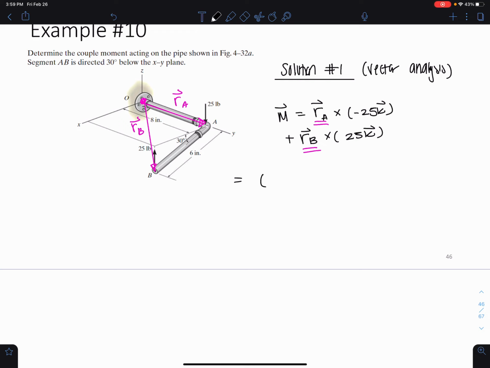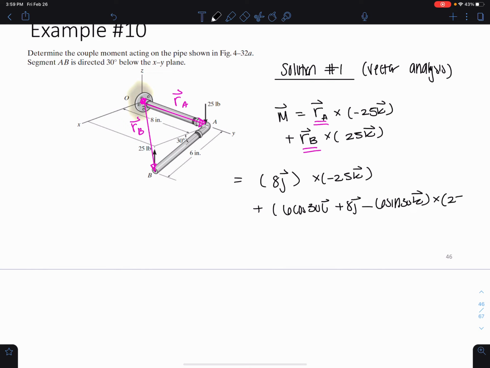So here, RA is just 8 in the J direction, cross the negative 25K force, and then we're going to add, we have this 6 cosine 30 in the I, plus 8 in the J, minus 6 sine 30 in the K, and then cross a positive 25K.